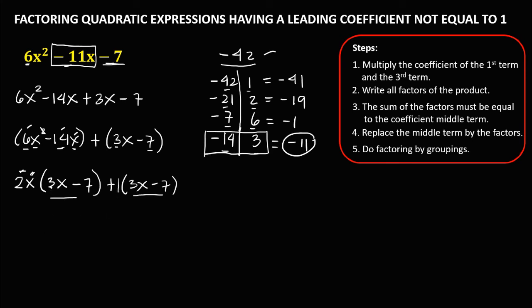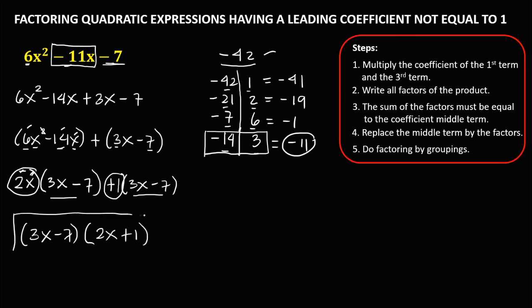So therefore, put this 3x minus 7 outside. So we have 3x minus 7, then times, combine this 2x plus 1. So times 2x plus 1. So these are the factors of this quadratic expression.